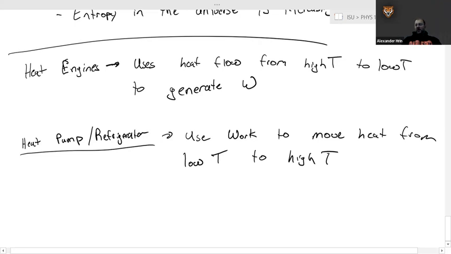The difference between a heat pump and a refrigerator has to do with how you measure the performance, which I'm not going to go into here, but they basically do the same thing. You care about slightly different things, so you're looking at slightly different things. So that's basically what I have to say about heat engines and heat pumps.